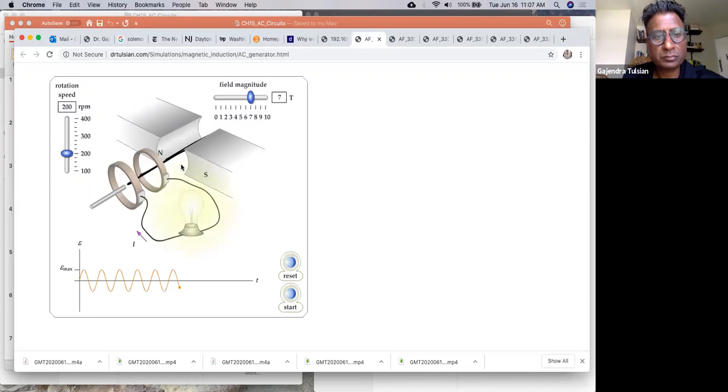Now in the US, the frequency, the number of cycles, see, this is one cycle, and in the US the number of cycles per second is 60. Okay, so the frequency is 60 hertz, and so this has to be rotated 60 times a second.